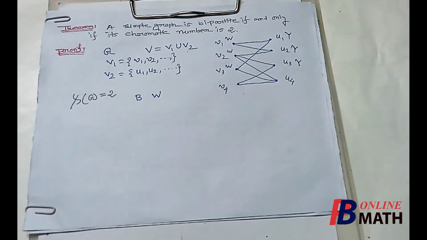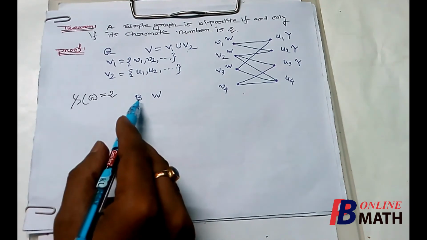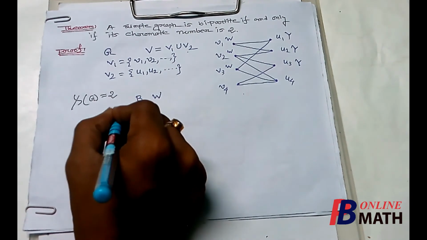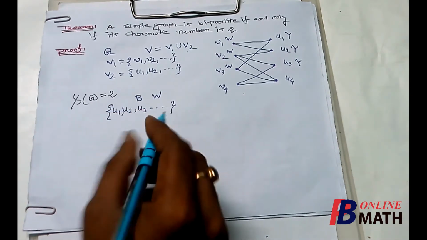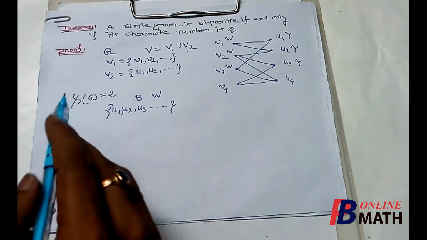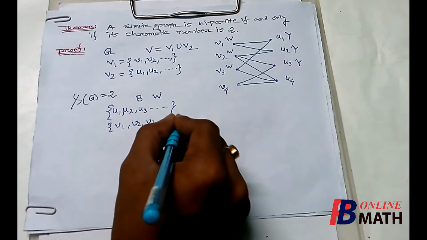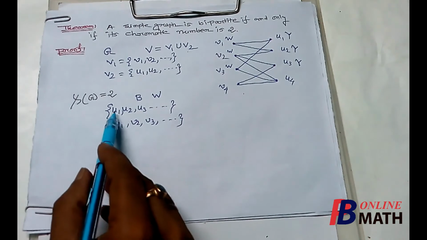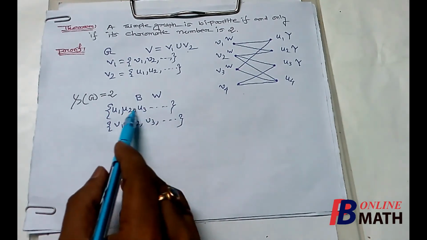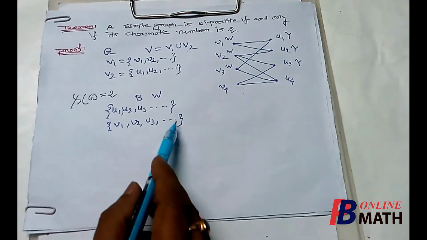Now let us find the set of vertices where black color is assigned. Suppose the vertices which are assigned black color are U1, U2, U3, etc. And the vertices which are assigned only white color are V1, V2, V3, etc. So these vertices are colored with the single color black, and these vertices are colored with the single color white.